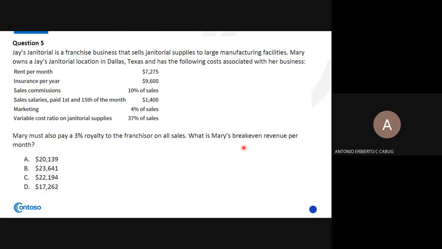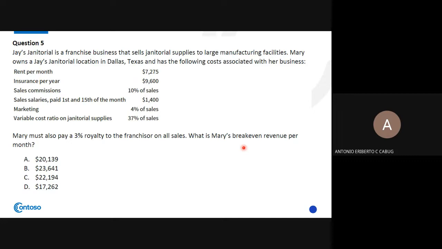Enter now. Everyone. What's the answer? Enter now. Everyone, please enter your answers.